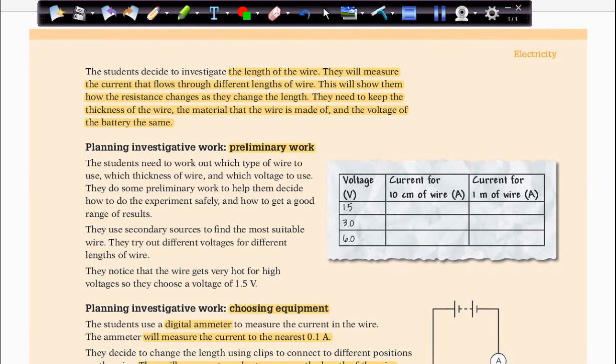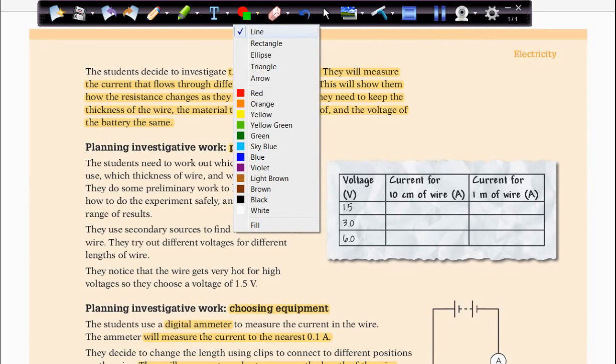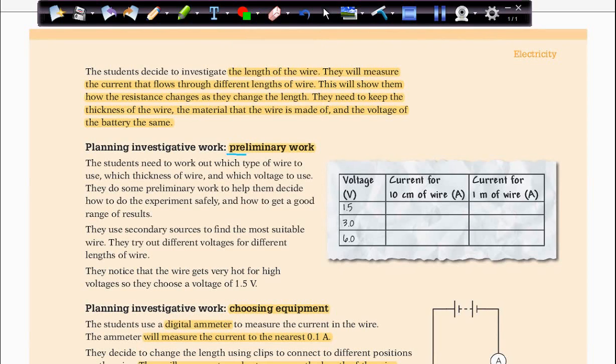Planning and investigative work, preliminary work. We need to use a preliminary work here to work out which type of the wire we need to use, with the suitable materials, the suitable voltage of the battery, or anything we want to use.